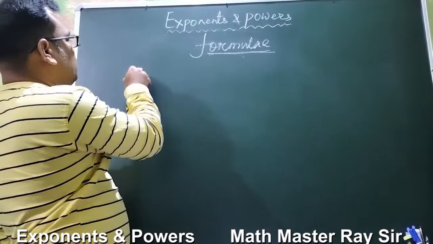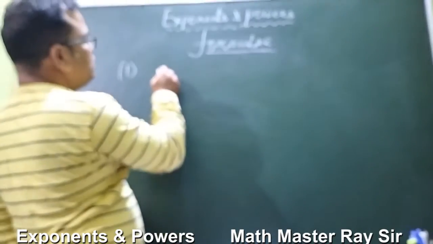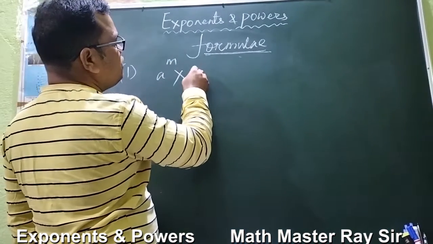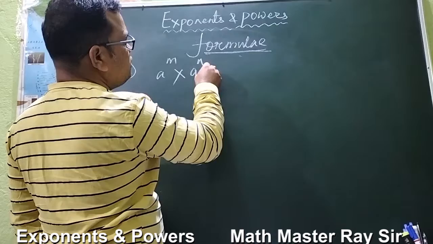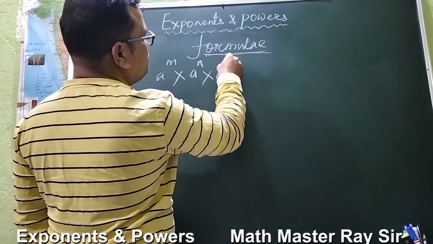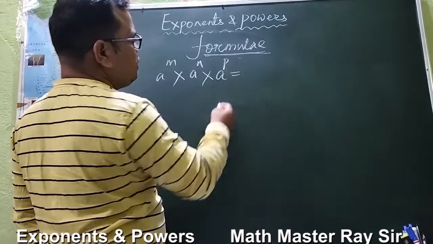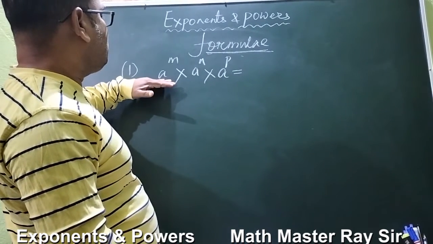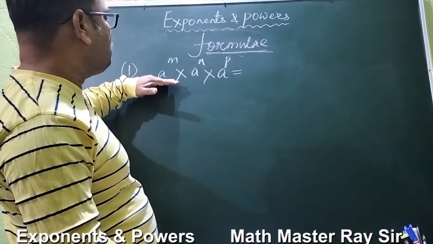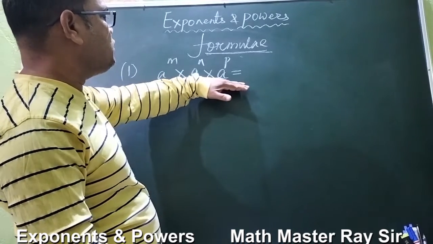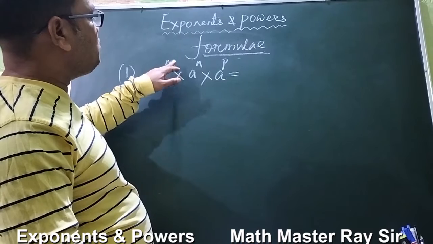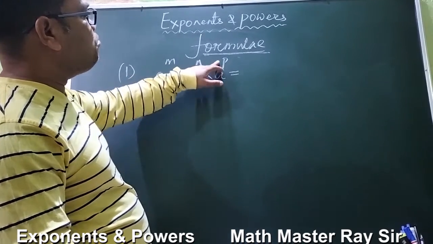Formula number 1: a to the power m into a to the power n into a to the power p. Here, concentrate, focus on the base. Base is a, base is a, base is a. Same base multiplied with different powers, m, n, p.